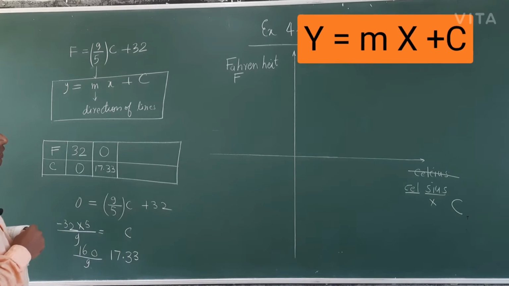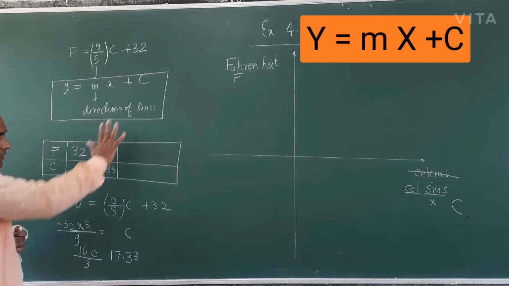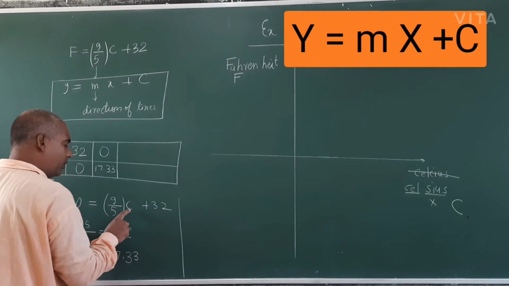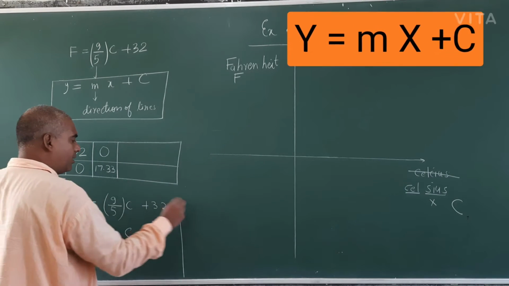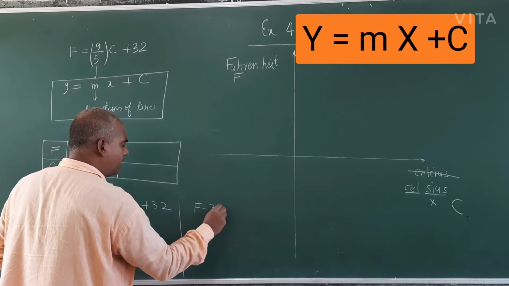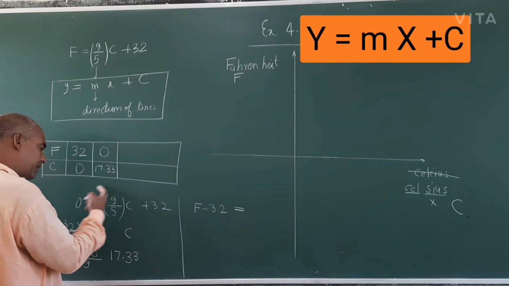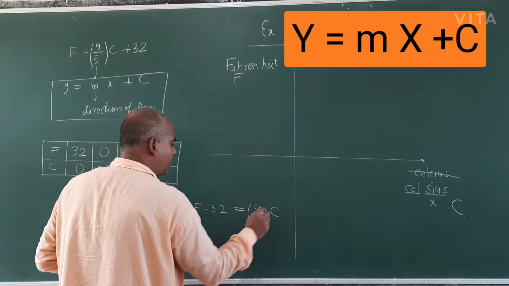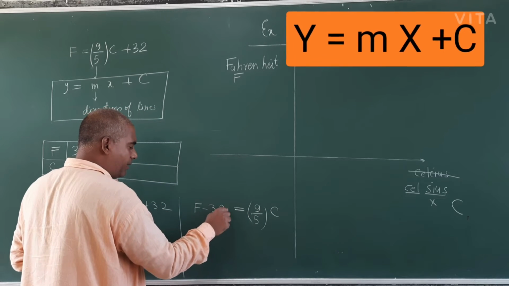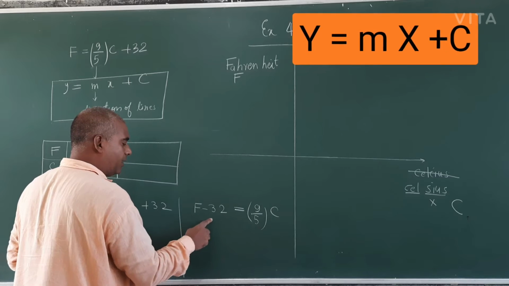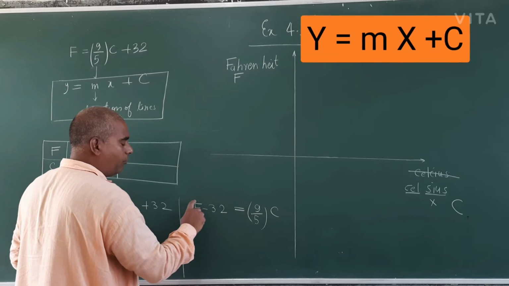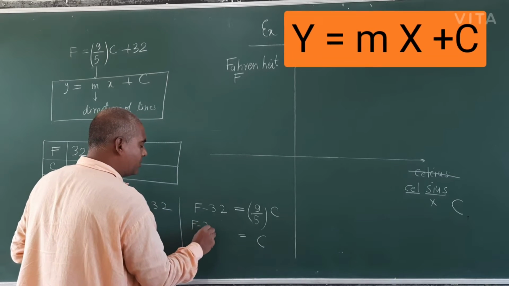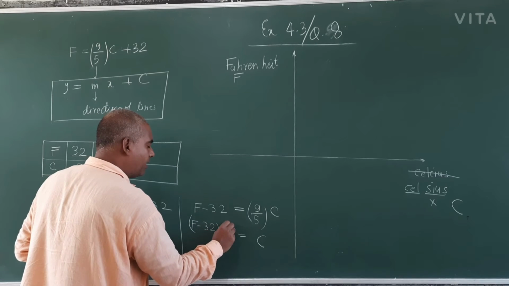Okay, so let me solve. When you are going to solve for C, F minus 32 is equal to 9 upon 5 times C, and for C, multiply by 5 upon 9. So C is equal to F minus 32 multiplied by 5 upon 9.